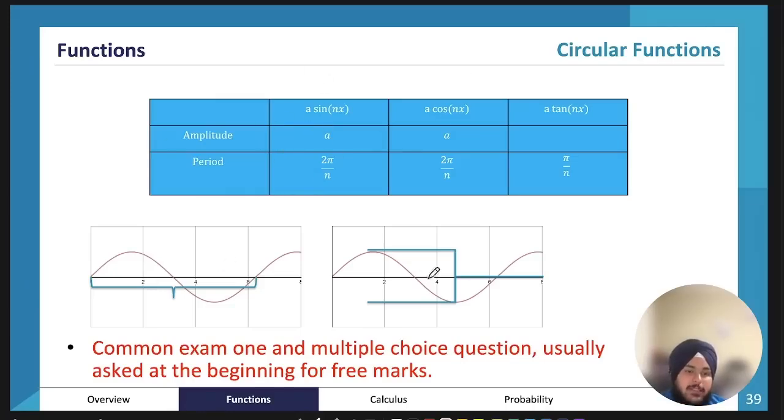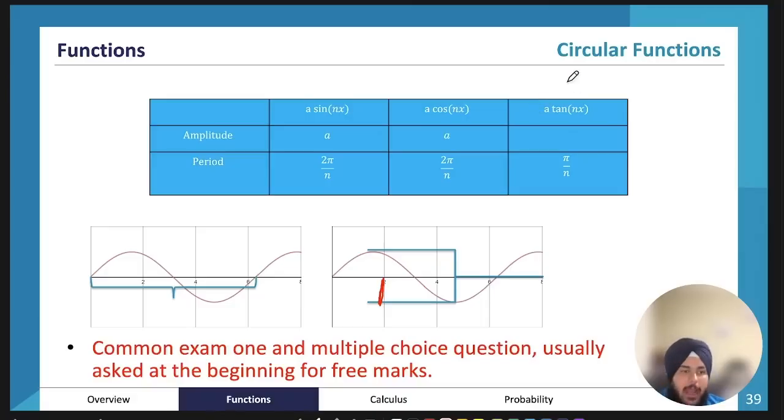Essentially, amplitude is the distance from the middle of the graph to either the minimum or the maximum, or essentially just half of the distance from the maximum to the minimum of the graph. For sine and cos, it's the same. For tan, it's a little bit different, which we'll come back to in a second. Tan doesn't really have an amplitude.